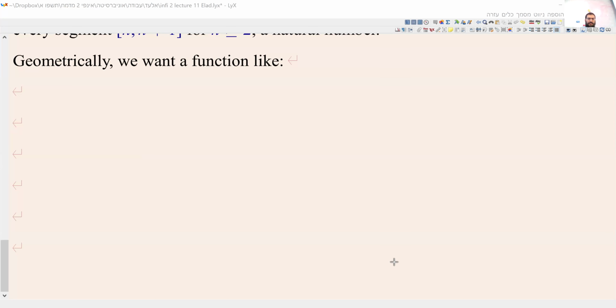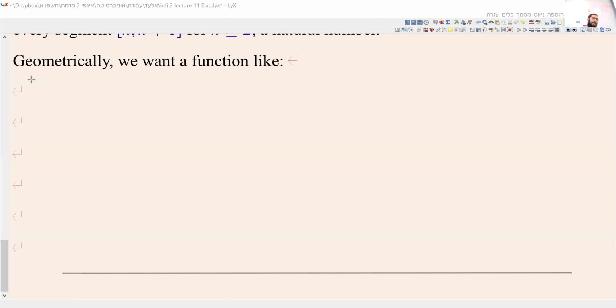You don't need the y-axis as usual. And let's write down here it's n, and here it is n plus 1. In every segment, I want the function to do something like that.